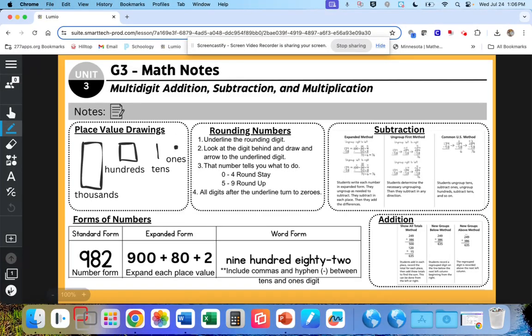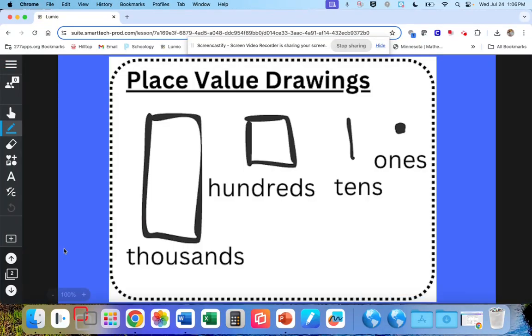Let's get started. The first thing we're going to talk about is place value drawings. Now, this should not be something that's new to you, but maybe you never fully understood it before. Remember that each place value is 10 times bigger or smaller than the one next door to it. So the reason we use a dot for ones is because if we line up 10 dots, it would make a stick, which is the tens column.